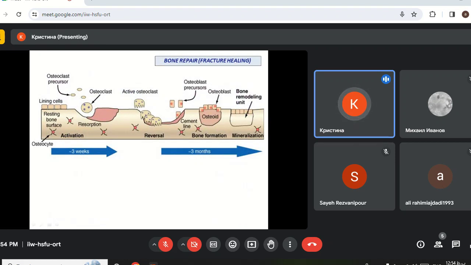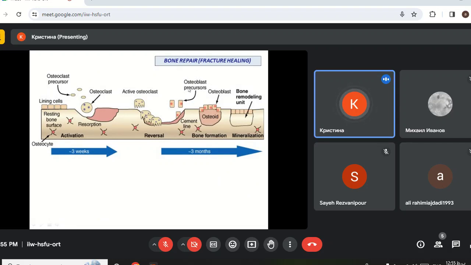During bone repair, if you have broken your leg or arm, for example, during the fracture healing, first the bone is resorbed with the help of osteoclasts, which develop from the precursor cells, monocytes. They break the damaged tissue, and then they go out from this area and make the way for osteoblasts.